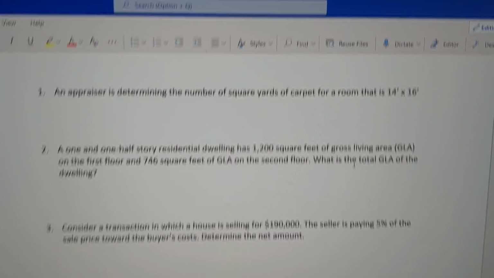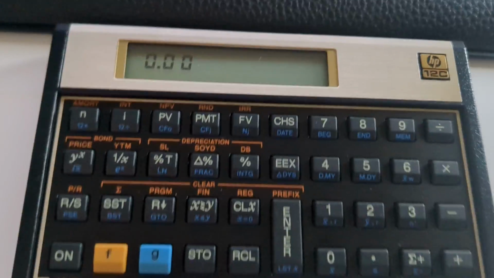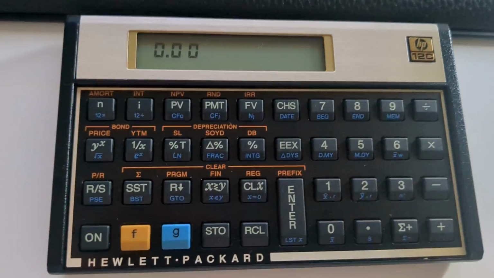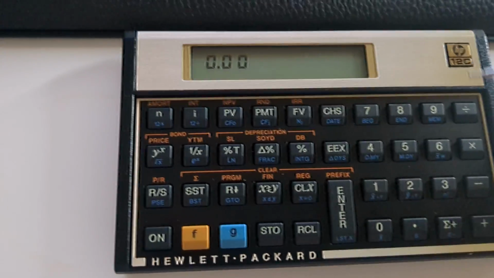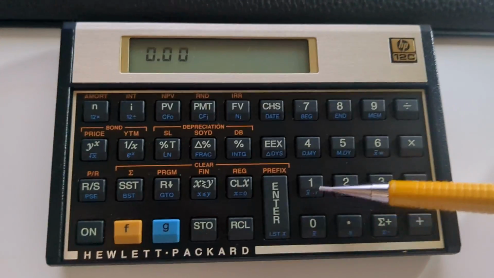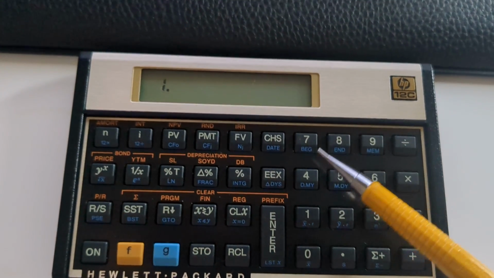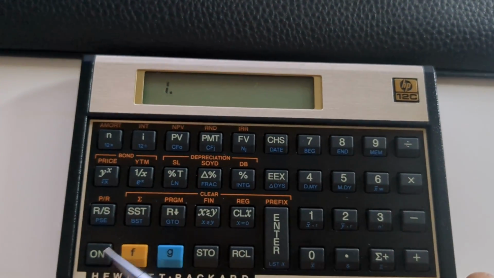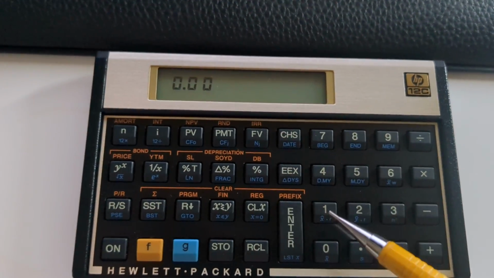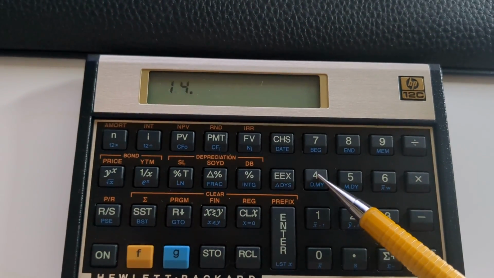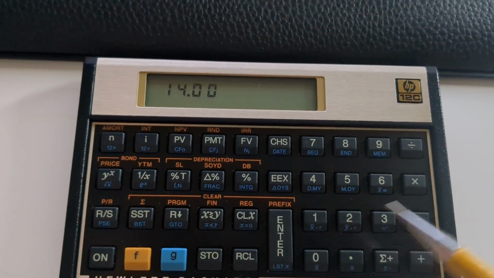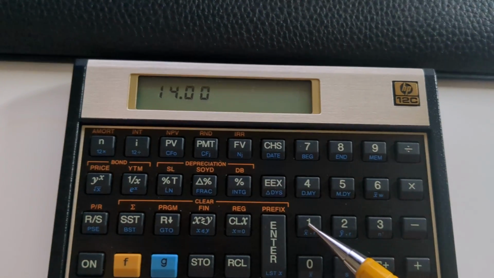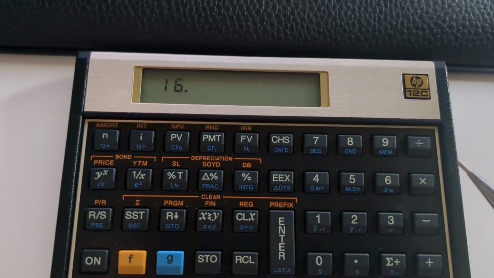To do this calculation, I'm going to clear it and then type 14, enter, 16.